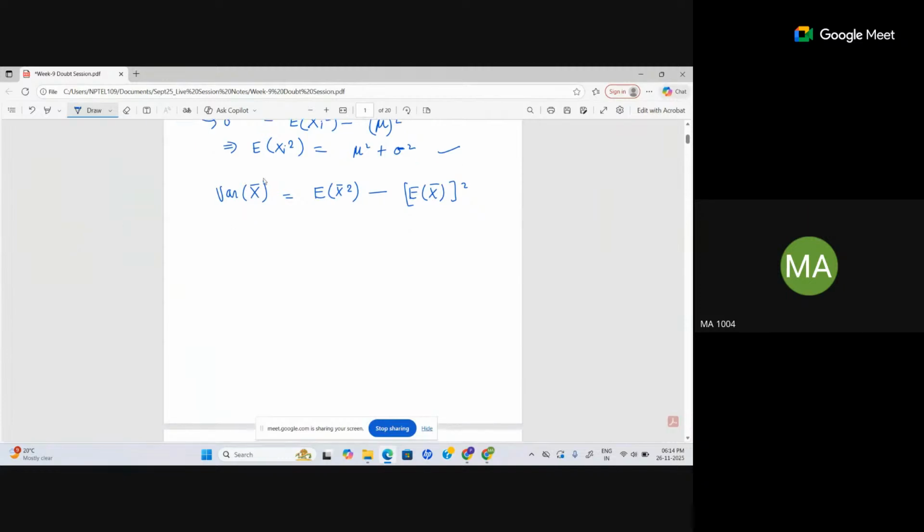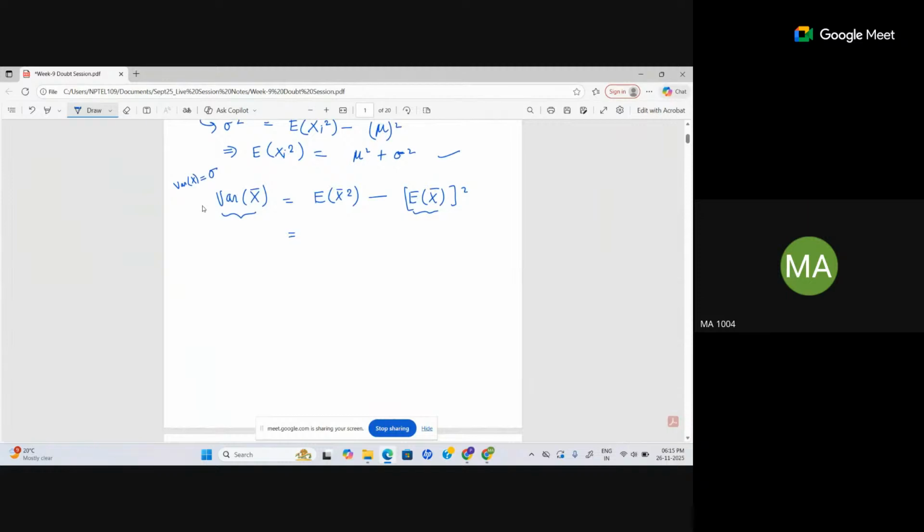If you don't know, you can calculate these values as well. Otherwise it's better if you remember it. If you calculate variance of x bar, and variance of x is sigma square, then can you tell me what will be variance of x bar? You have solved CLT questions where we have calculated variance of x bar so many times. Can we calculate it now? Or if you remember it, then you can tell me.